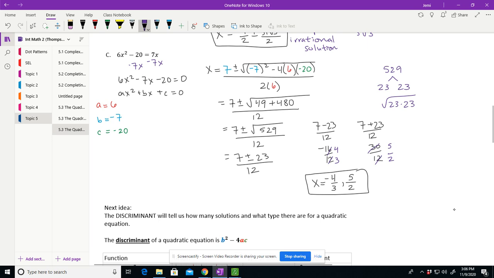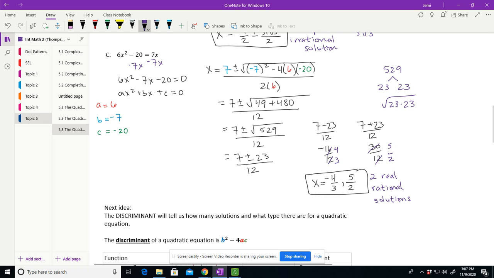So let's talk about what kind of solutions I have. I have 2 answers. Are these numbers real or imaginary? They're real because I don't have any i's. Are they rational or irrational? Well, they're rational because I don't have any radicals. 2 real rational solutions.